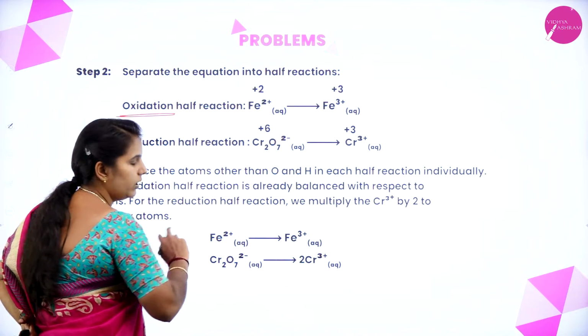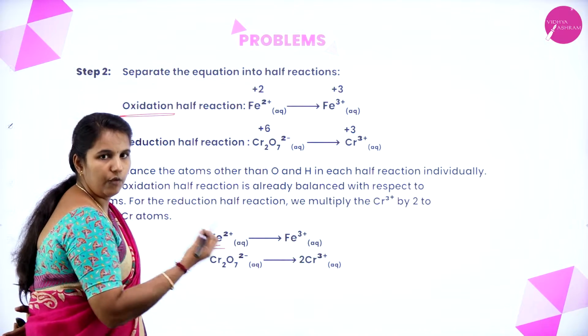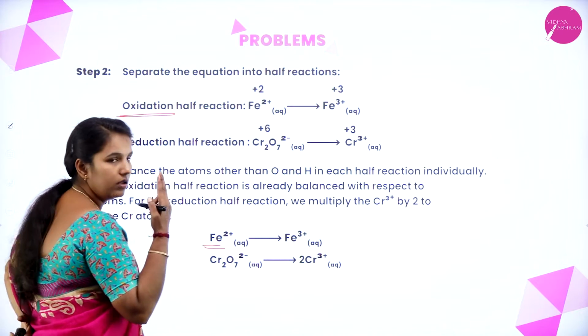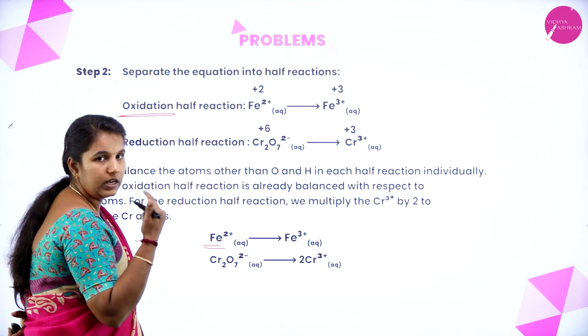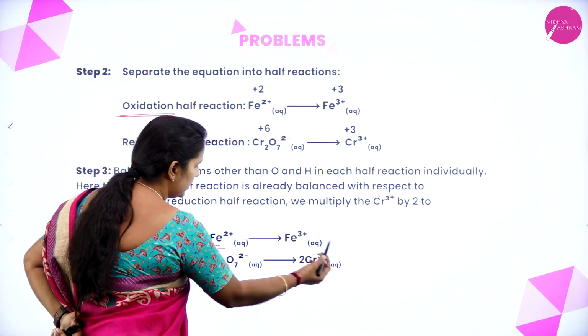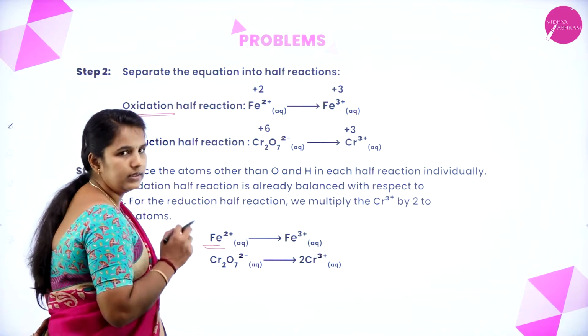So there is no need to balance this oxidation half reaction. Whereas in the reduction, there are two chromium atoms, so we need to multiply by 2. That is why I have written Cr2O7 2- gives 2 Cr3+.